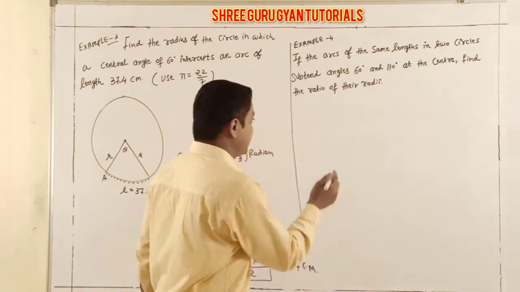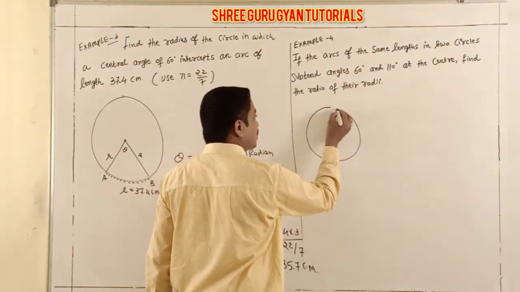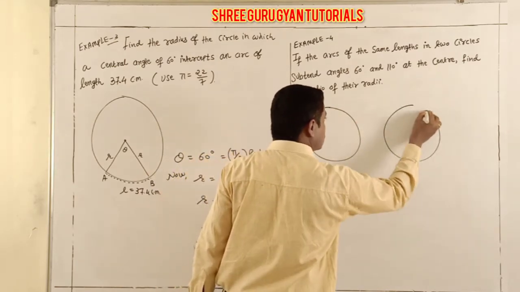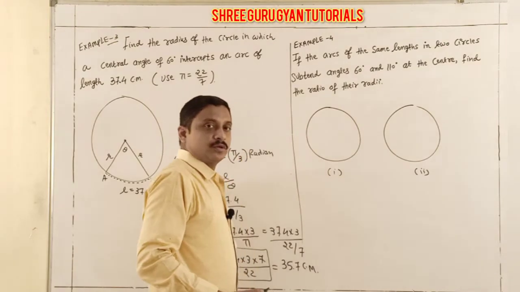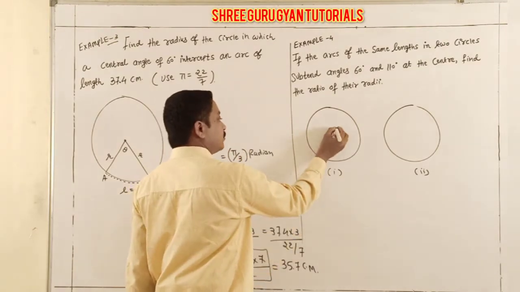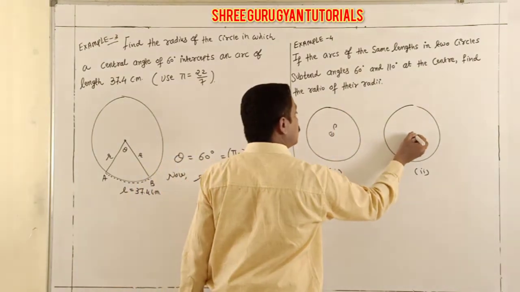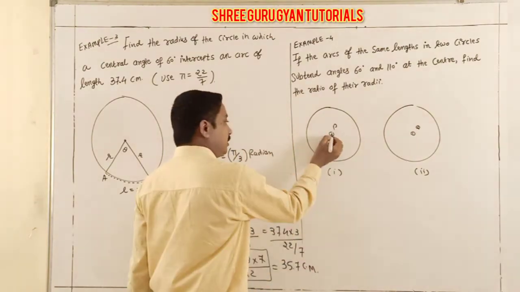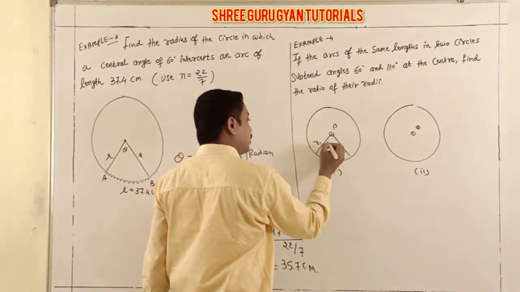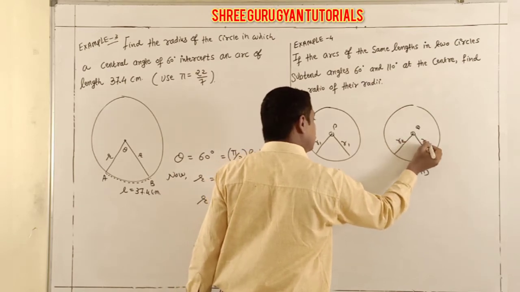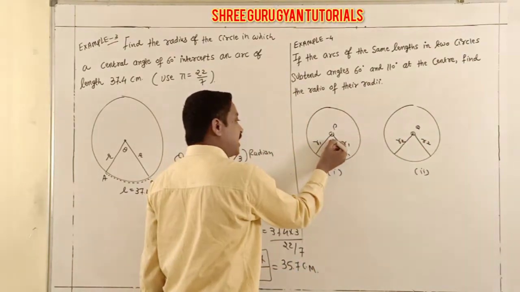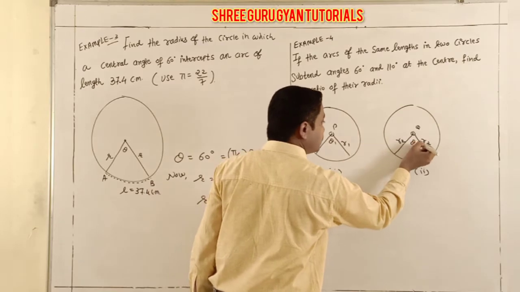So students, here I consider our two circles, circle 1 and circle 2. These are the centers, P and Q, and here are two radii, R1 and R2, making angles theta 1 and theta 2.